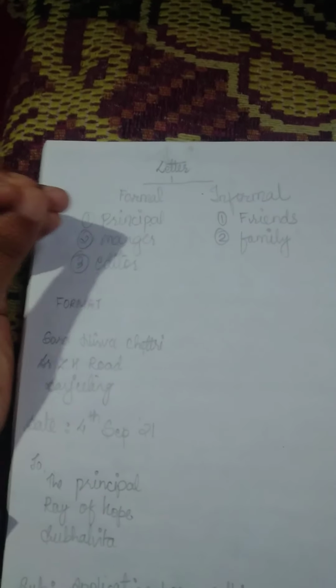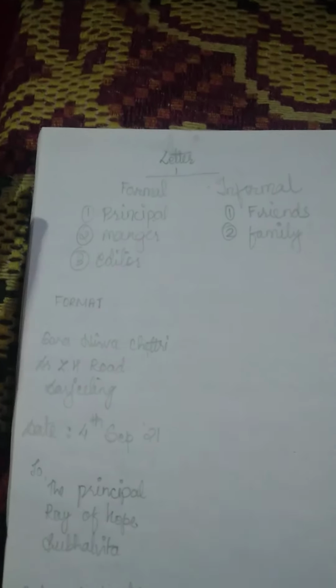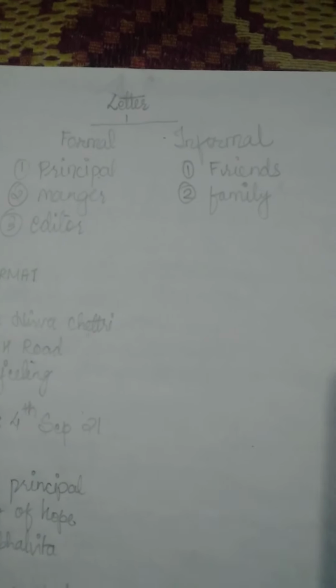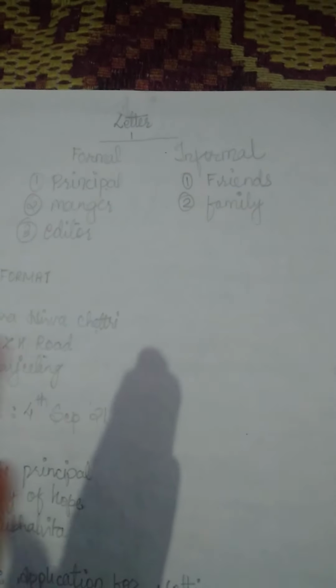A formal letter we write to the higher authority, and an informal letter we can write to our siblings, friends, families, etc. I hope you know the difference between formal and informal letter.